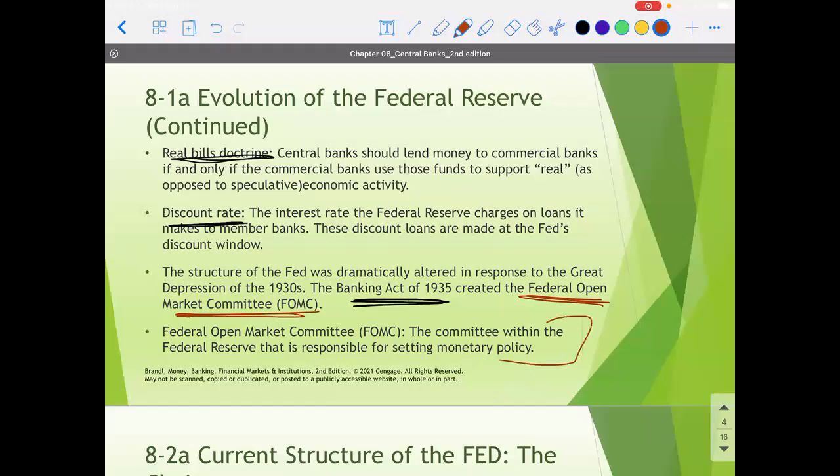That committee, which exists to this day, is the committee that determines interest rates in the economy and largely determines most monetary policy in the United States. It consists of the 7 members of the Board of Governors.